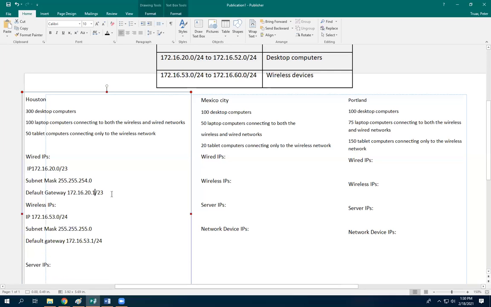You could use 254 instead, if you want to do the top of the range. Whatever way works for you. I like the one just because it's simpler.